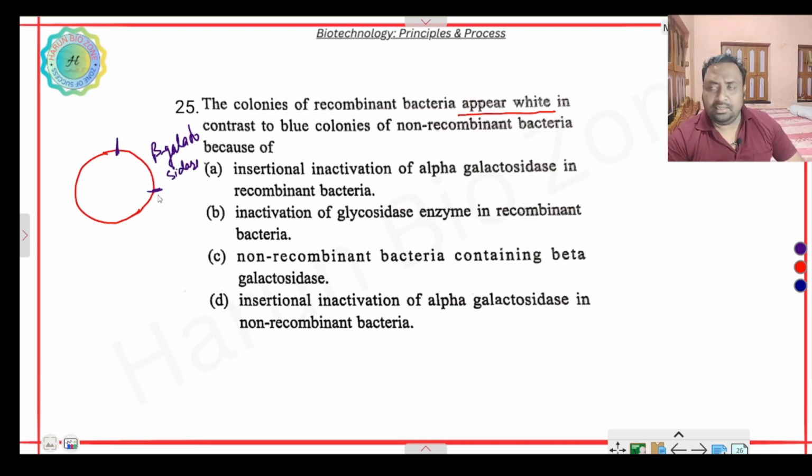Clear? Some foreign DNA is inserted into this region. Normally this beta galactosidase produces blue color.